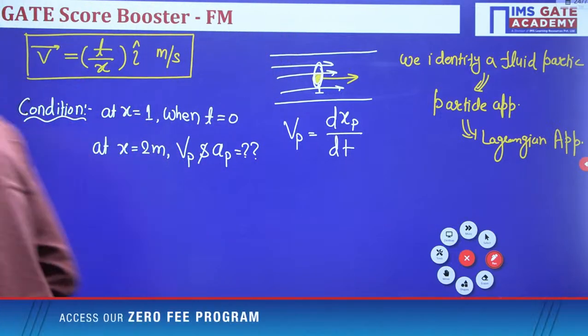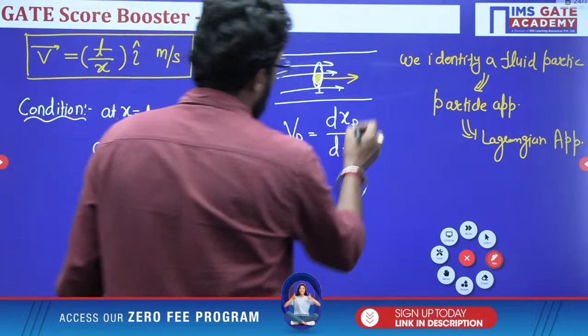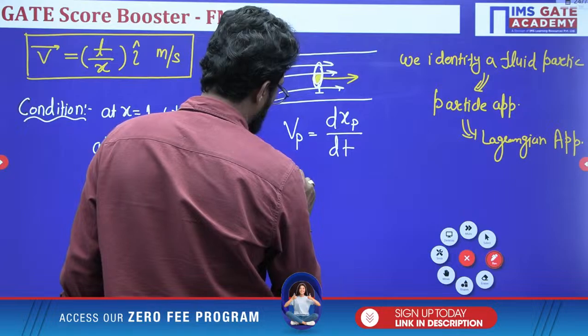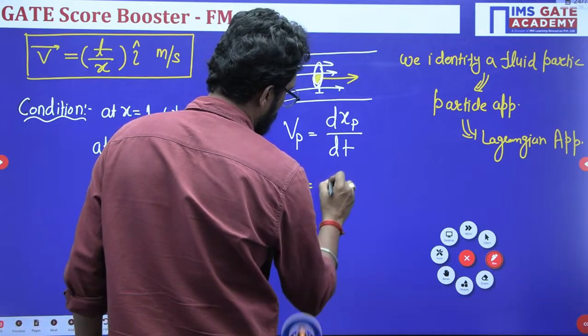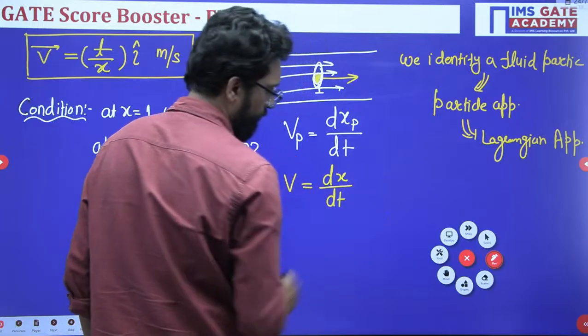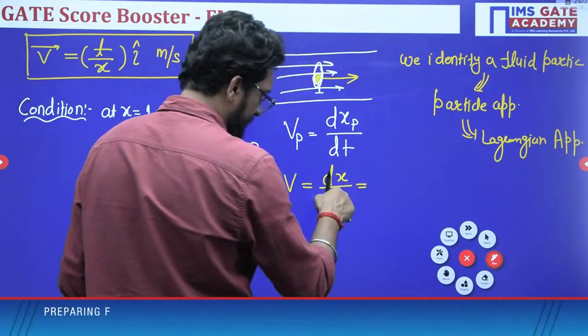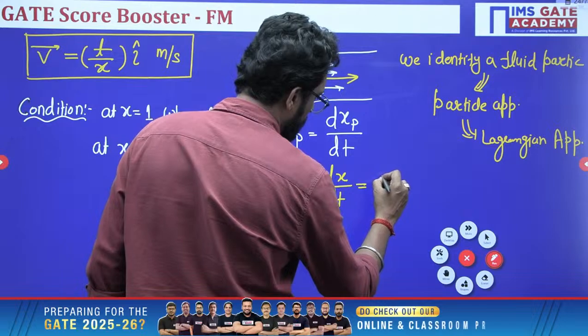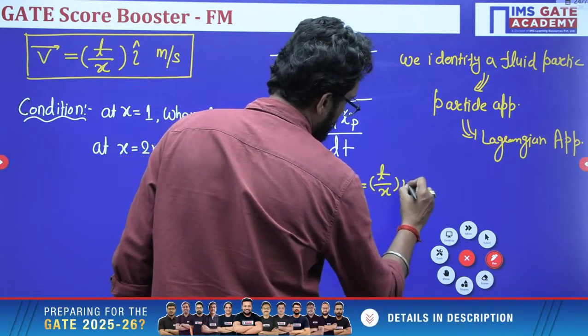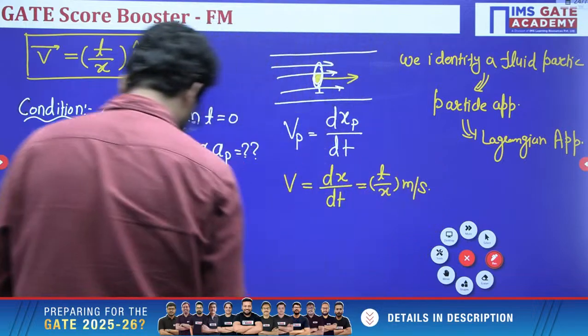Okay. Now, if the velocity of the fluid particle is the same as the field, we can write v is equal to dx by dt, and this v is equal to t by x meter per second, as given.